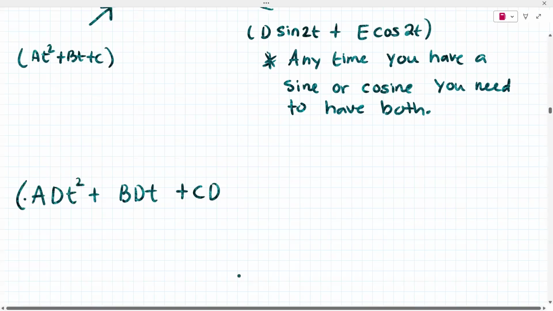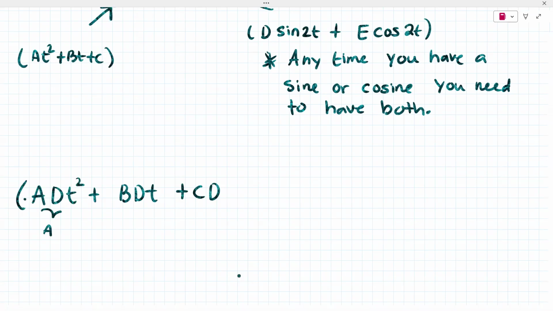So this AD is like your A, your coefficient. This BD is like your B. This CD is like your C. Times it by sine of 2t plus A E t squared.